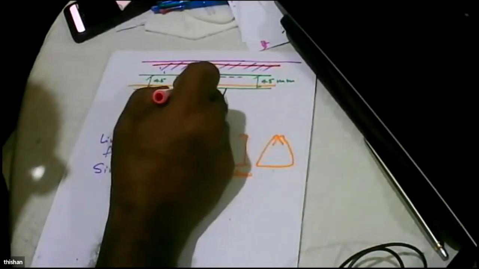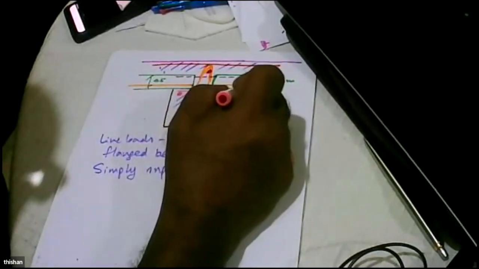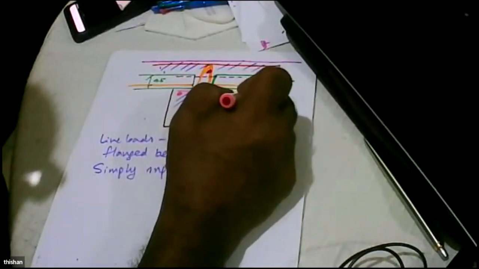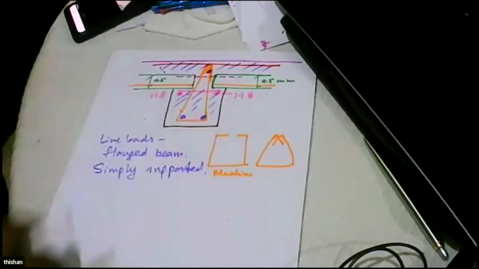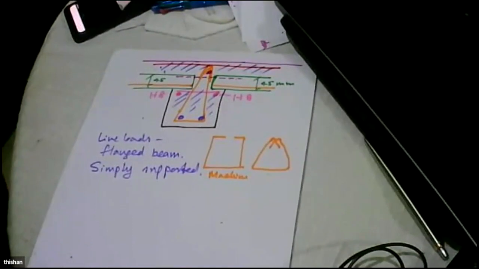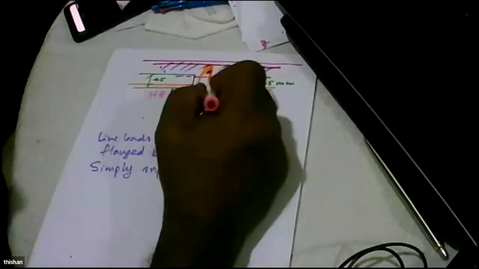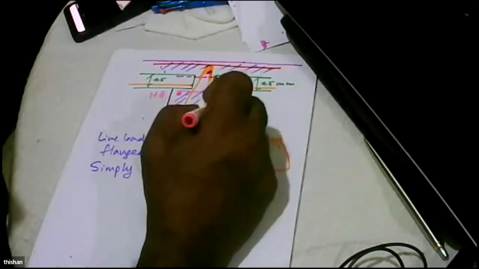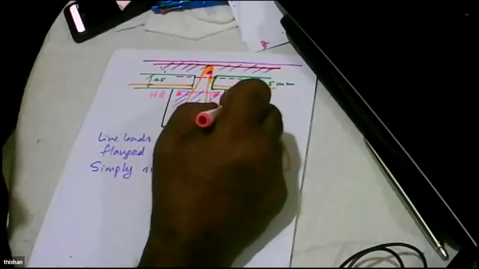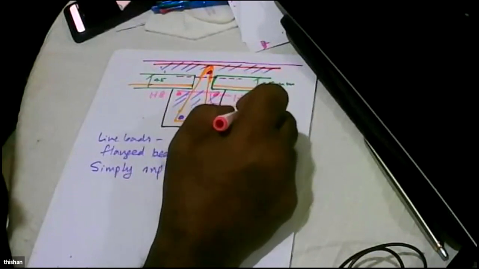Good. Then we arrange two H8 bars. Then we arrange H8 bars. And this also can be an H8. And the link can come from H8.